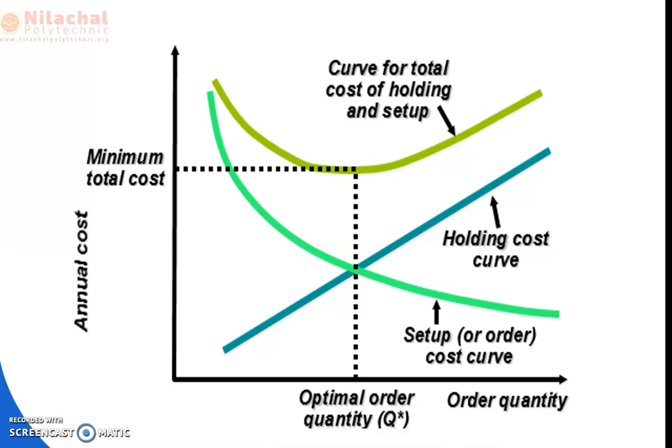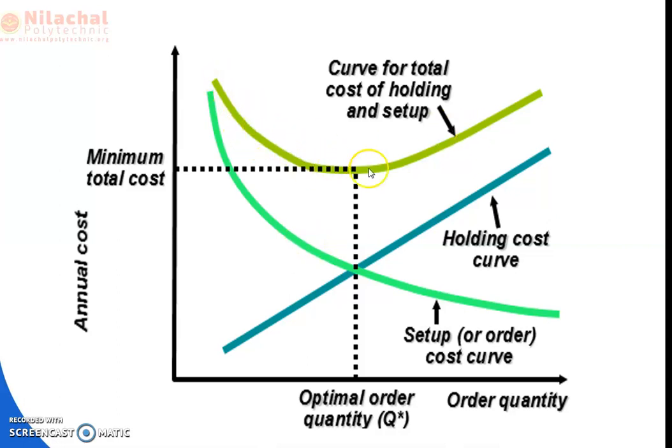We have to calculate the number of orders required for the total quantity to be supplied from the vendor to our company. This curve shows that, depending upon the number of orders placed, the cost is incurred for transporting the material from the vendor to the company.